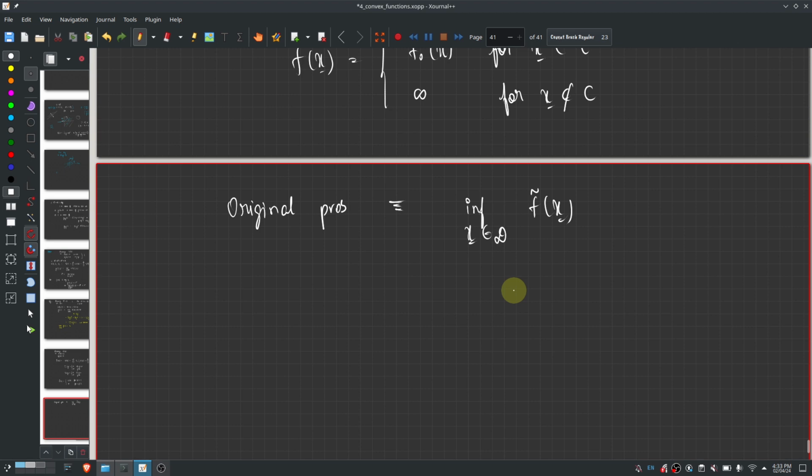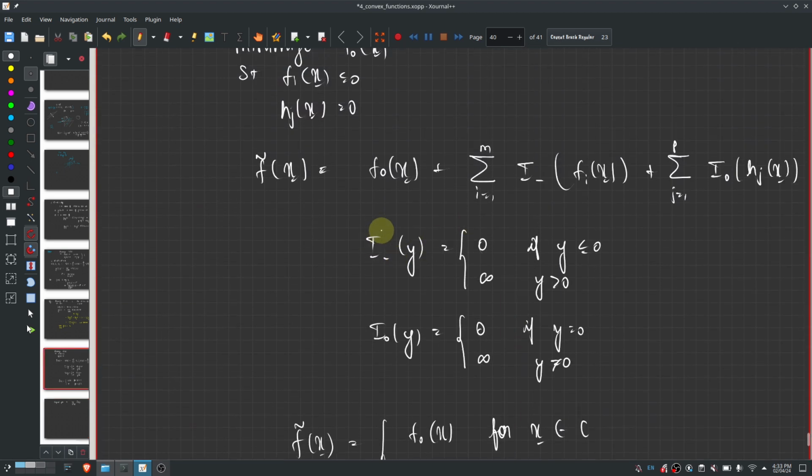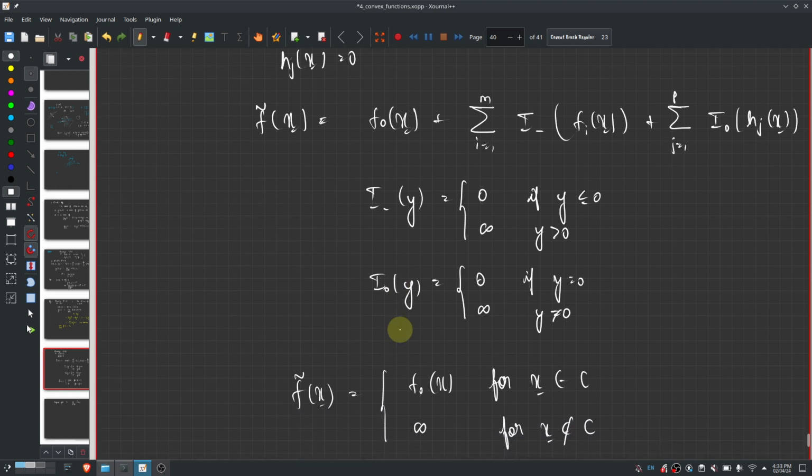Okay, but these functions are difficult to handle, right? So instead of having I minus and I0, we'll instead look at linear functions of these quantities.